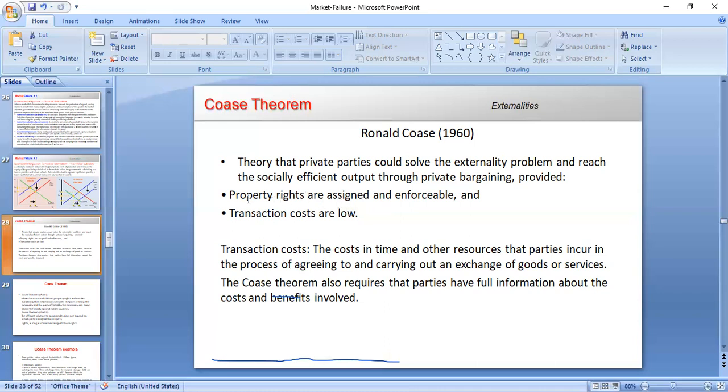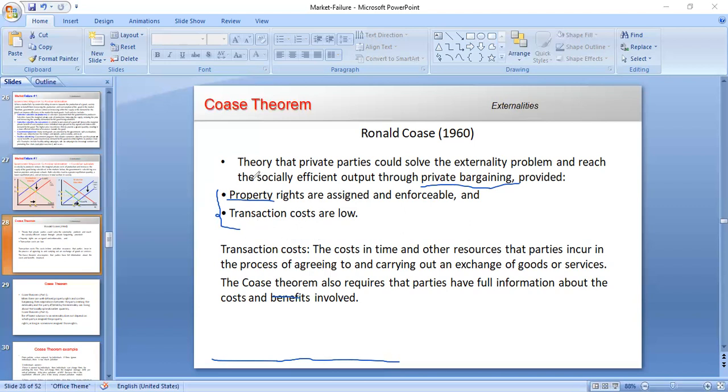He said that the assumption would be that there would be low transaction costs incurred in the private bargaining between the two parties. Another assumption would be that property rights would be assigned by the government.